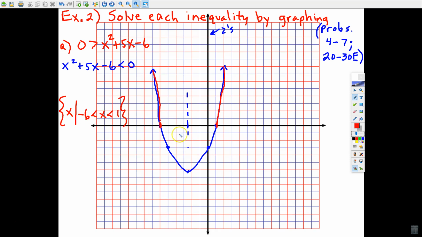Now I'm going to make one slight adjustment to my graph, and it has to do with the fact that instead of saying less than or equal to, it just says less than. Well, that means that these two x-intercepts really are not part of the solution. I've identified the x's as all of these numbers, but the two endpoint numbers should not be included because it says just merely less than and not or equal to.